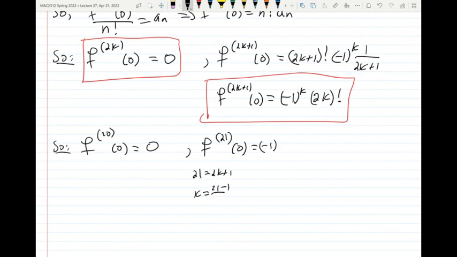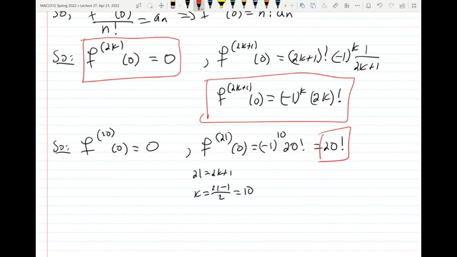So k will be 21 minus 1 over 2, that's 10. So that's negative 1 to the 10, and then 2k, that will be 20, times 20 factorial. So 20 factorial. That's the 21st derivative of arctangent at 0.